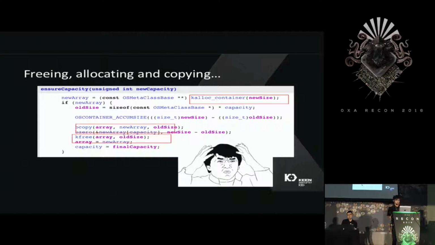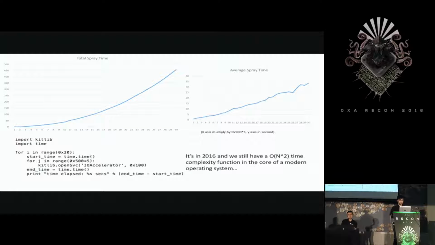But if it's expanded, we can see that there are some allocating, copying, and freeing operations here. And this will make the total time cost by a single new user client function much longer. We do a statistical analysis here, and we can see that the total spray time is increasing with O(n) square time complexity.